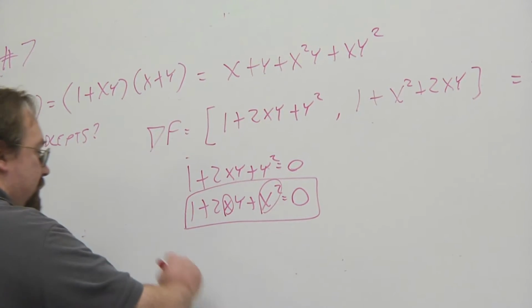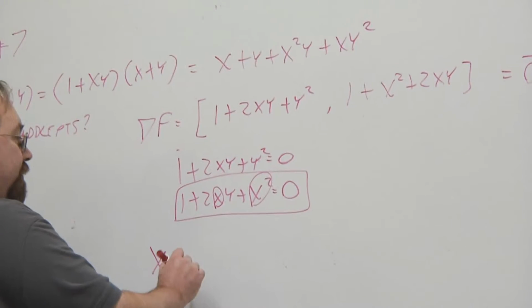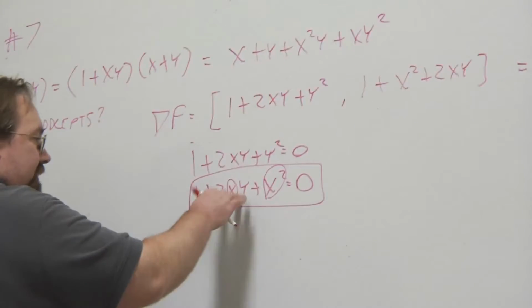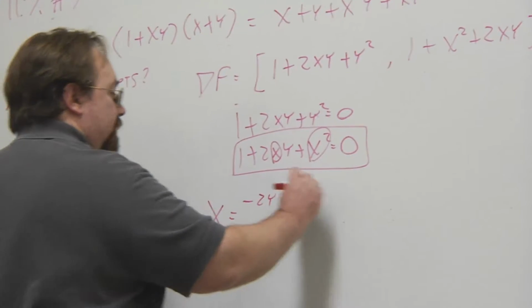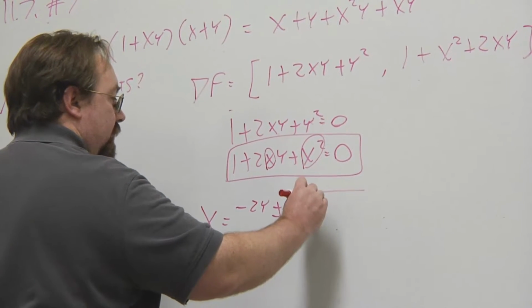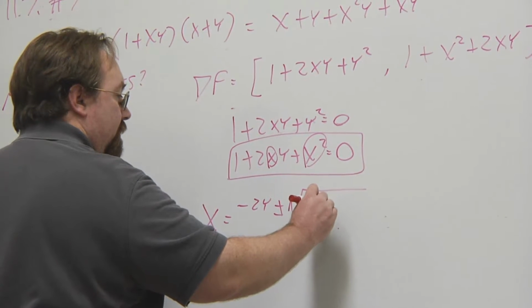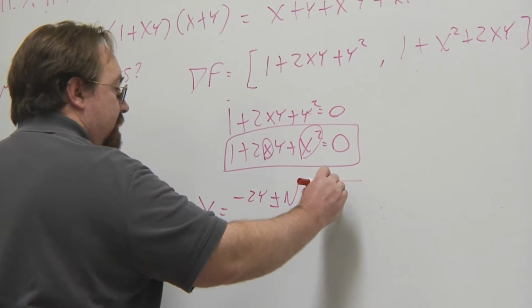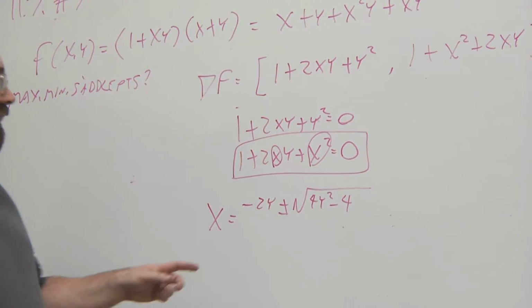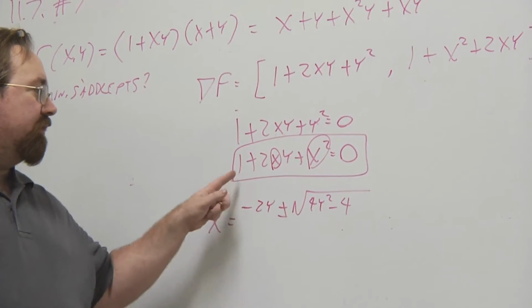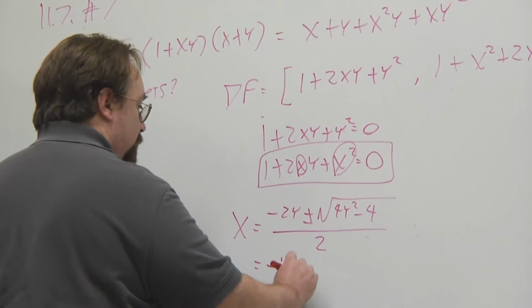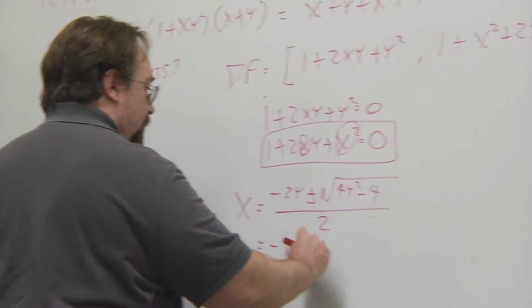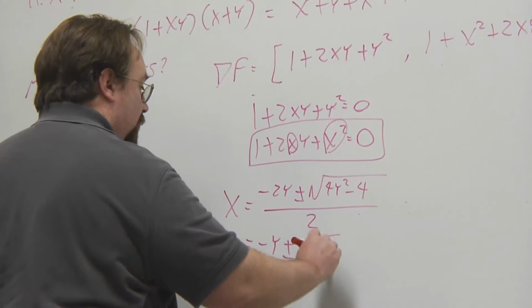So x is equal to the coefficient of x, that's 2y, negated, plus or minus the square root of 4y squared minus 4, because in the quadratic formula, a and c are both equal to 1, divided by 2. So we get minus y plus or minus the square root of y squared minus 1.